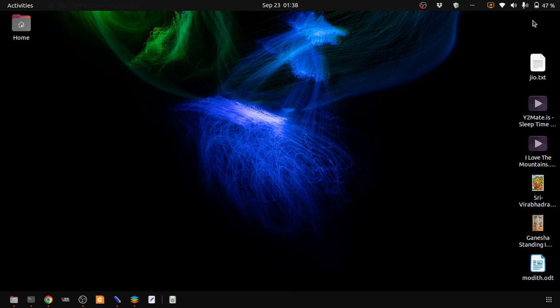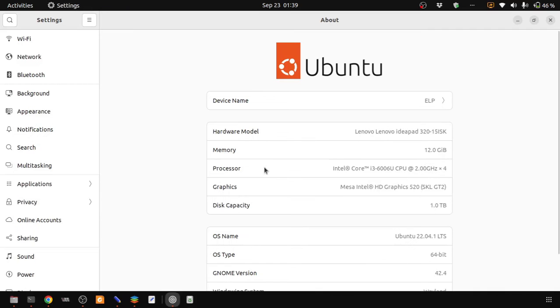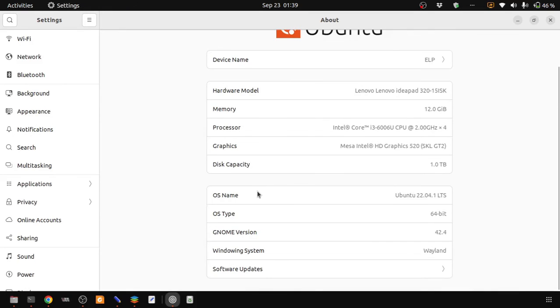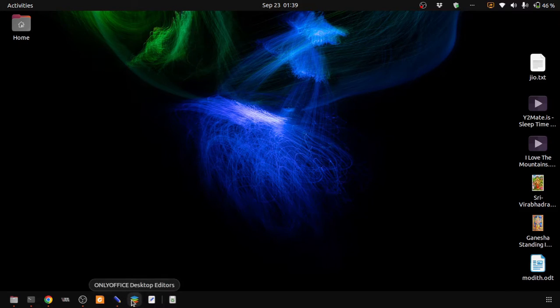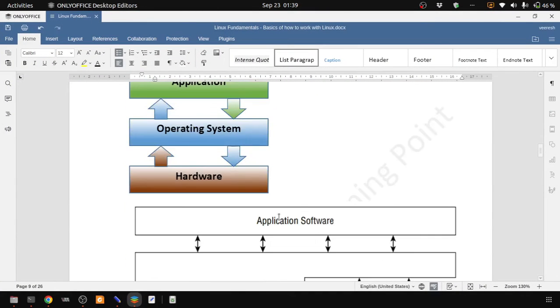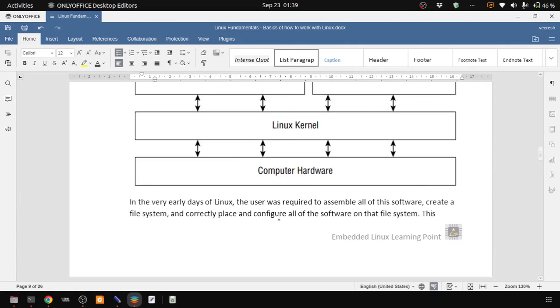If I show you the desktop environment that I use, which is part of Ubuntu 22.04, the version of Linux that I use, you can see this is the GNOME desktop version 42.4. But anyway, we will see all of this in the future. We have different desktop environments. So that is how a complete operating system is made.